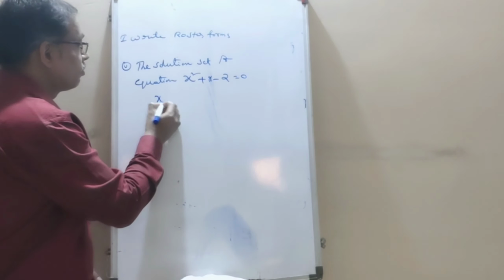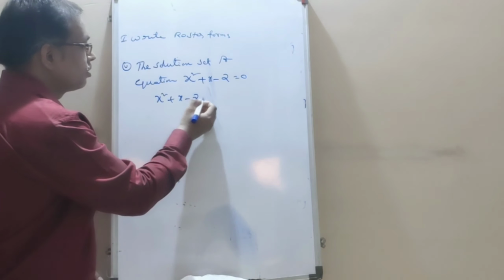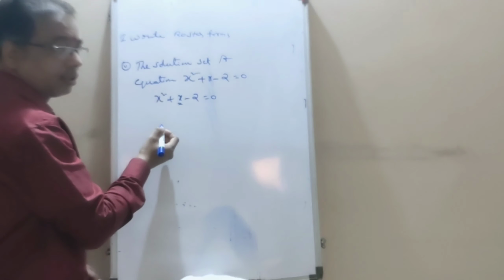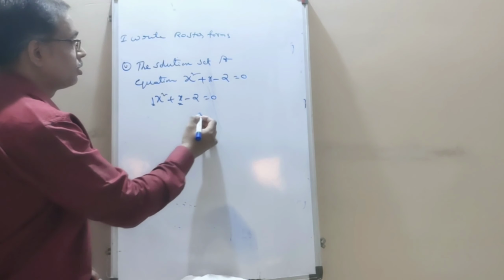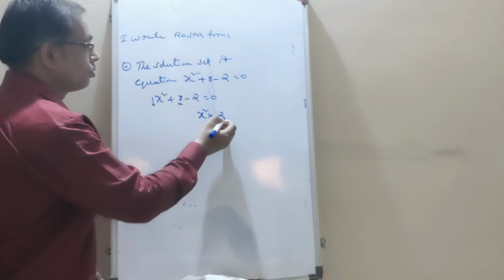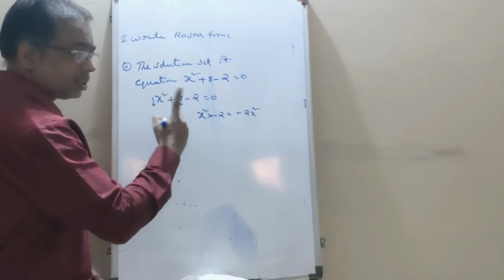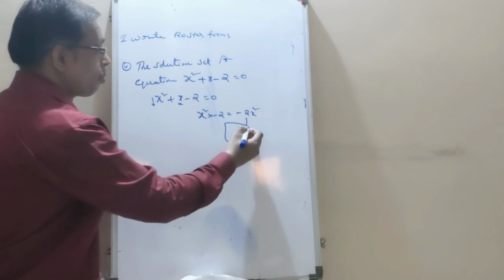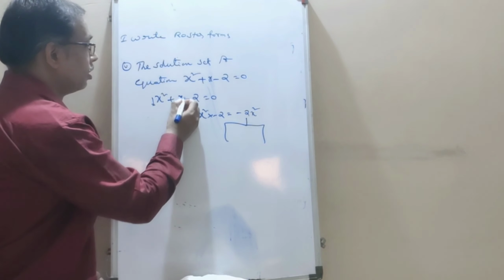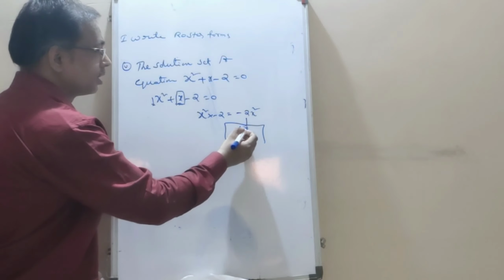To do that, first of all we have to factorize this equation by splitting the middle term. Take the first term and last term, x square into minus 2, multiply to get minus 2x square. Step 2: we have to get the middle term, that is exactly 1x.